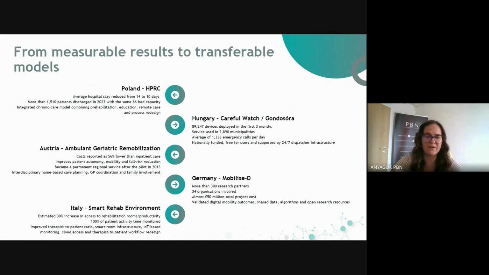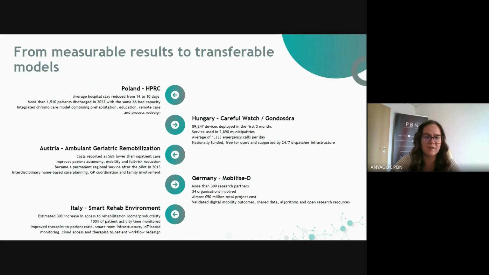From Hungary, Careful Watch shows national scalability. Almost 90,000 devices were deployed in the first 3 months, and the service reached 2,890 municipalities. Its sustainability comes from public funding, free access for users, and 24/7 dispatcher infrastructure.